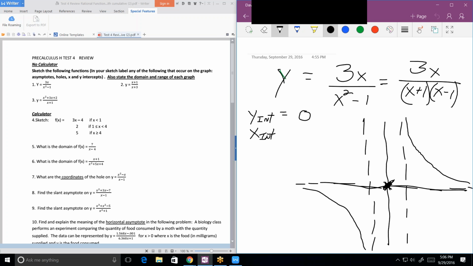Now, I say typically because sometimes if you have a negative sign, if we put a negative in front of that 3x, then I'm not going to be in the first and the fourth quadrant. I'm going to be in the second or the third. In other words, you have to make sure you're in the right spots here.